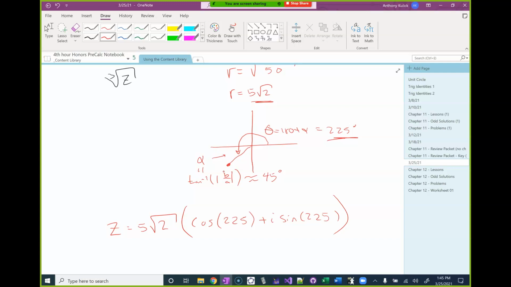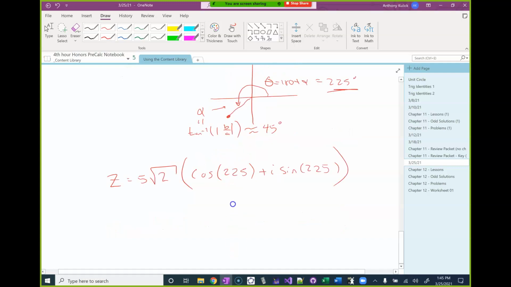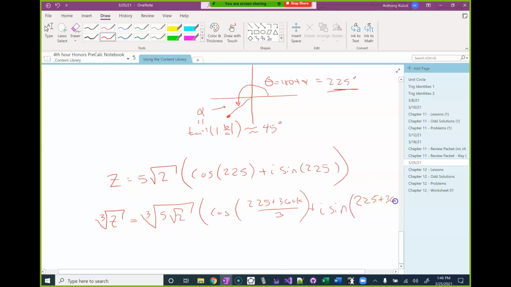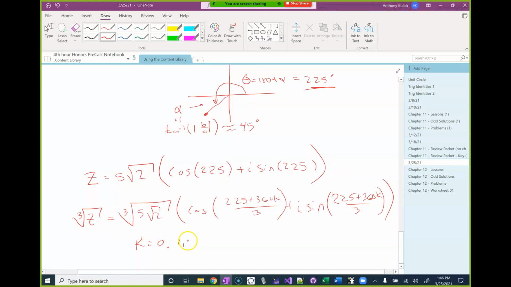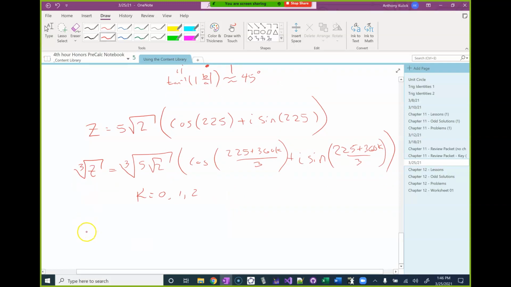Okay, thank you. So there's my value, and I want the cube root then of z, which is the cube root of 5 square root 2 times cosine of (225 plus 360k) over 3 plus i sine of (225 plus 360k) over 3, where k is 0, 1, and 2. Yep, so I'm just going to use the same formula now that I'm in trig form. And the answers here, it was asking for exact or didn't specify?